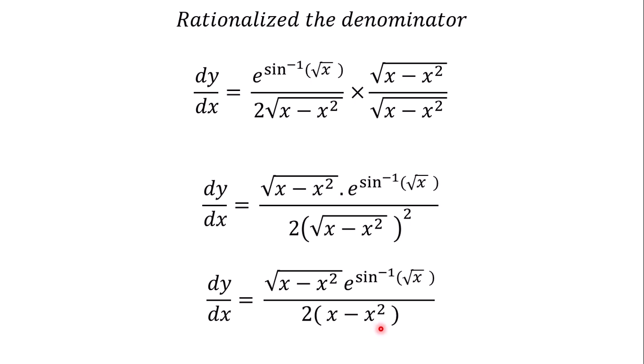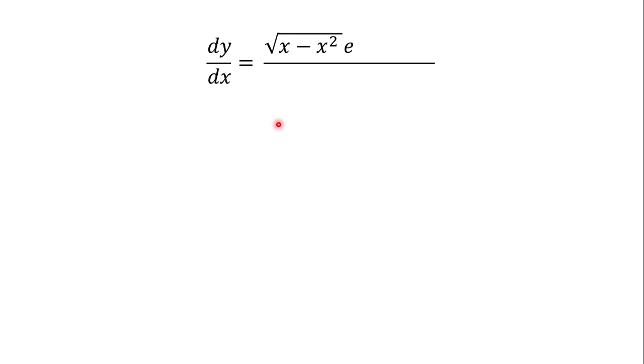You can end here, or you can open the bracket. So I'm going to open the bracket for you. So dy over dx is equal to square root of x minus x squared multiplied by e raised to the power sine inverse of square root of x divided by 2x minus 2x squared.